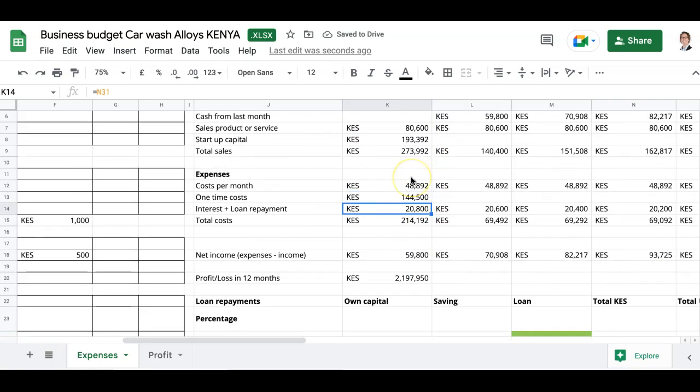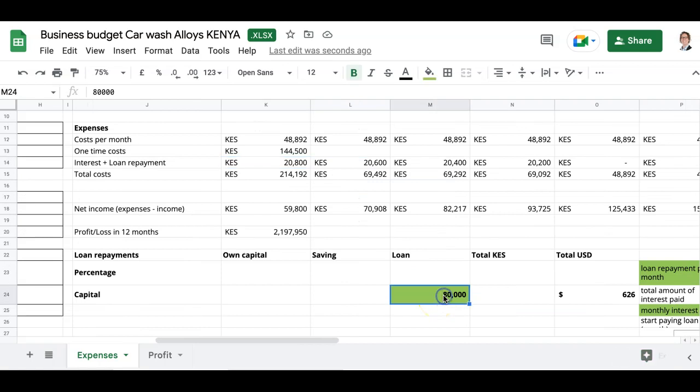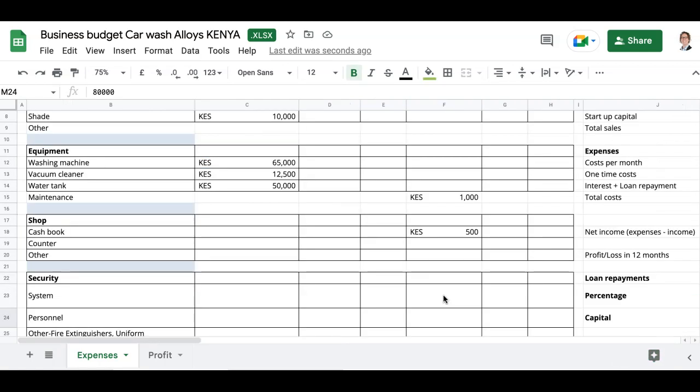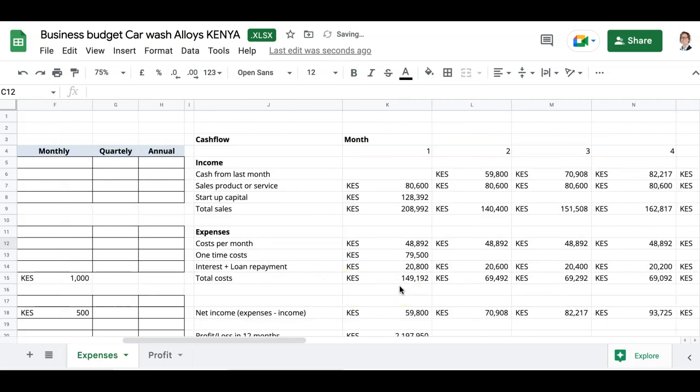So we have the cost per month, we have the one-time cost, and we have the interest and the loan repayment if we take a loan of 80,000. So in this case, he already has the washing machine, so take this out. So then this automatically changes, you see? Startup capital changes.